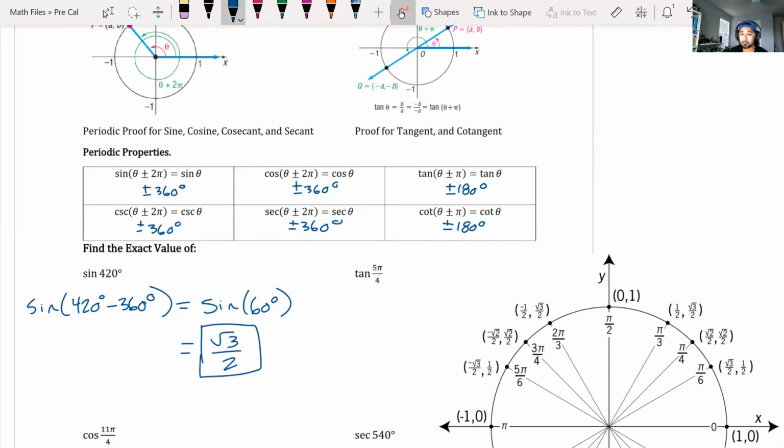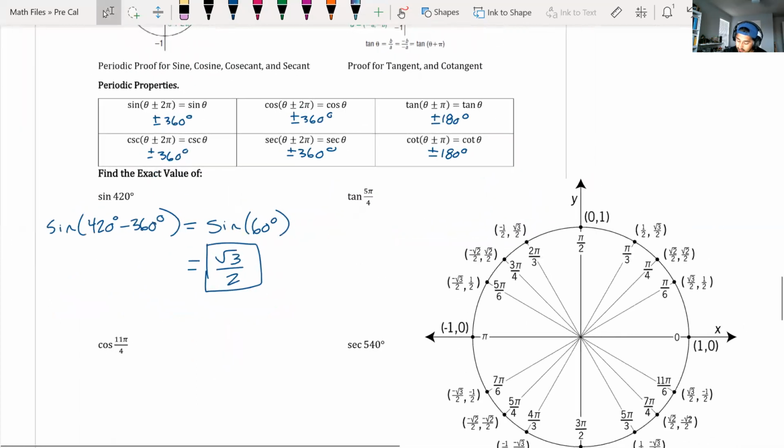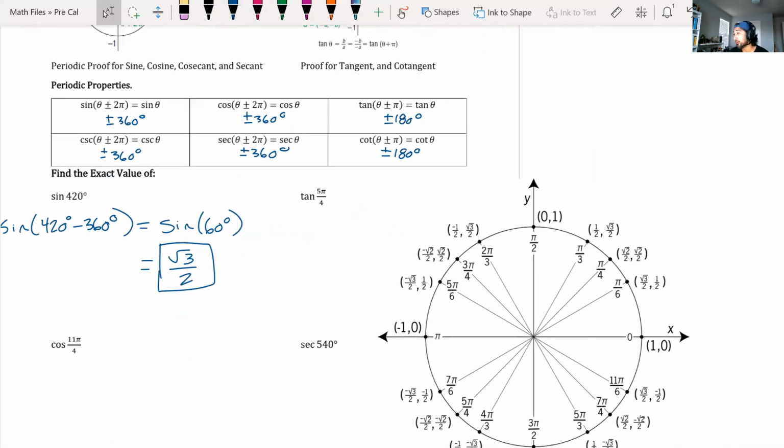All right. Next is the tangent of 5 pi over 4. Well, 5 pi over 4 is within a revolution of 2 pi. You can see it on your unit circle here. But we want to practice periodic properties. If I have the tangent of 5 pi over 4, this means I went over a cycle of tangent, which means that instead of subtracting 2 pi, I'm going to subtract what?